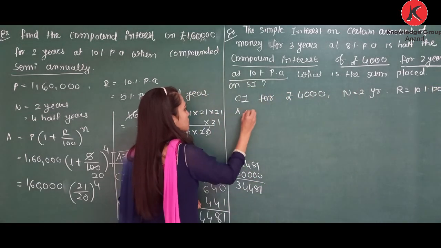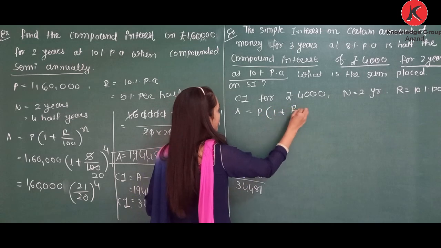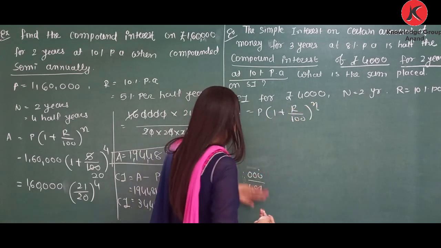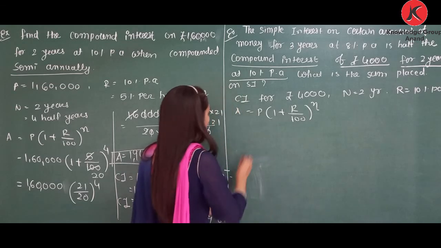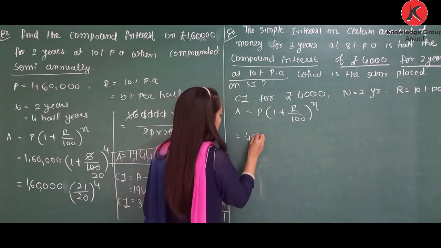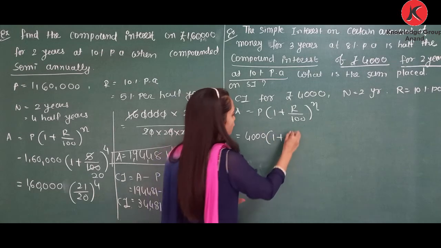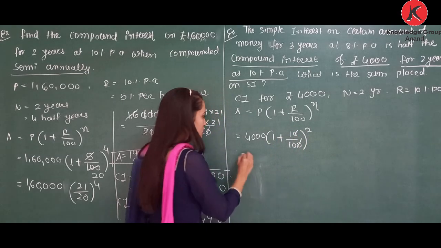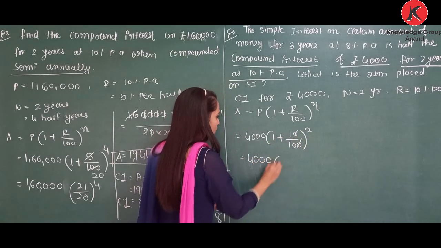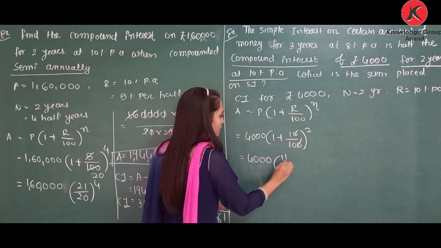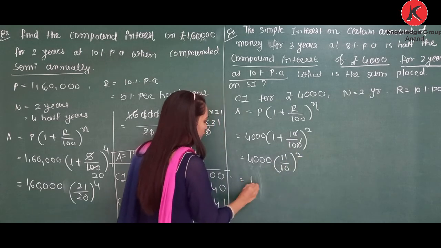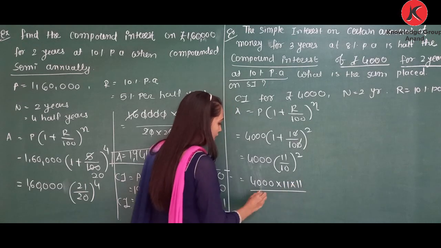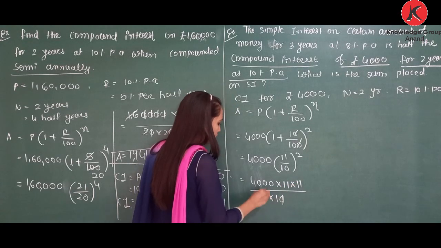So amount is equal to P (1 + R/100) raised to n. So here P, that is 4000, (1 + 10/100) raised to 2. 0 will be cancelled. 10 ones are 10 plus 1, 11 by 10, 4000 raised to 2. 11 multiplied 11 divided by 10 multiplied 10.